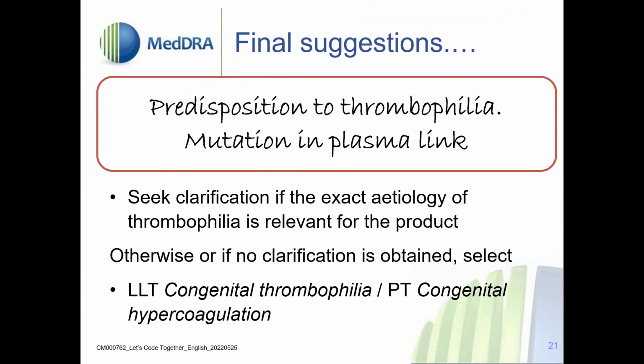That's why we consider this a congenital thrombophilia and assign a more specific term than just thrombophilia. In our view, no splitting is required, so we would not code thrombophilia and gene mutation, but would capture everything with one term, that is congenital thrombophilia. So with this, we would follow the MedDRA classification of PT gene mutation, which is grouped in SOC congenital.